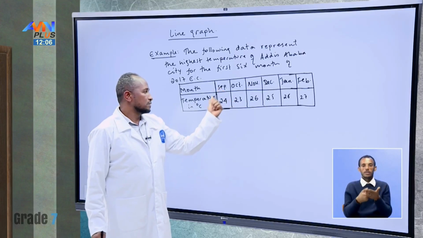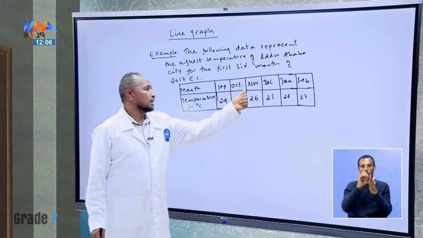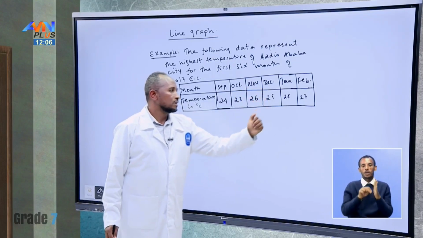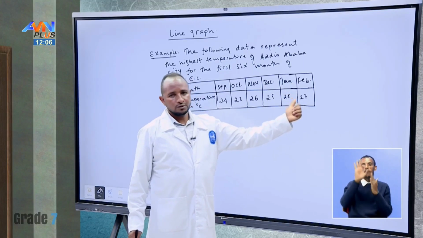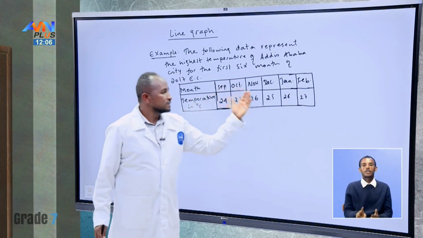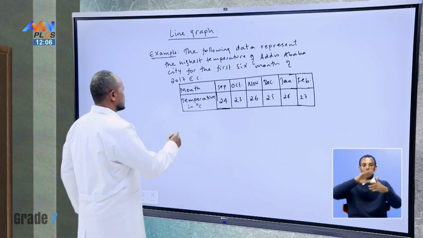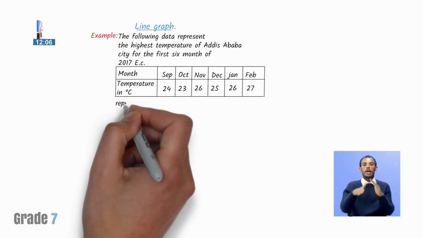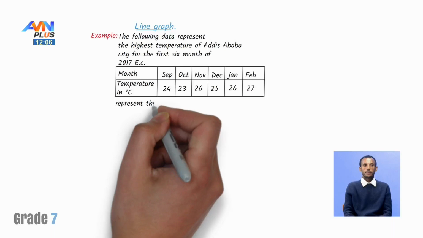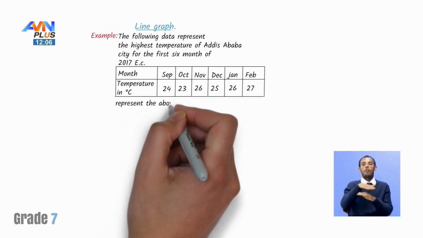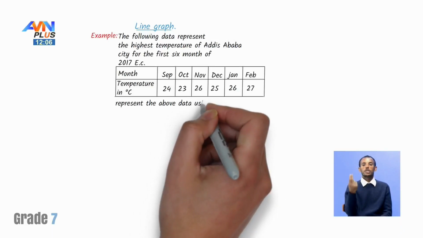For September, the temperature is 24 degrees Celsius, October 23, November 26, December 25, January 25, February 27. So represent the above data set using a line graph.